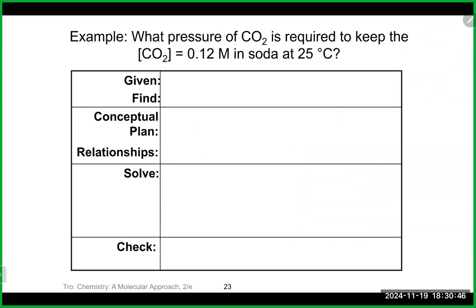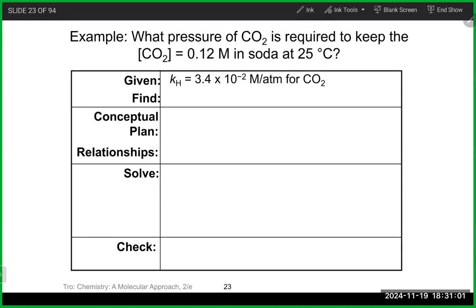So we could calculate something like this. For example, what is the pressure of CO2 required to keep the carbon dioxide at 0.12 molar in a soda at 25 degrees? We could use our formula of S is equal to K times P. At this point, we're looking for the concentration of our CO2 to be 0.12 molar.